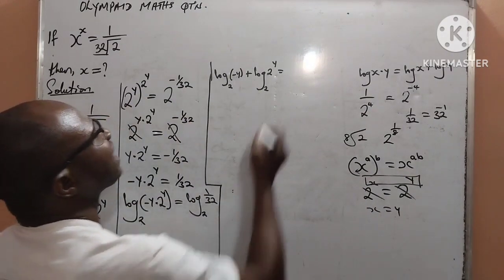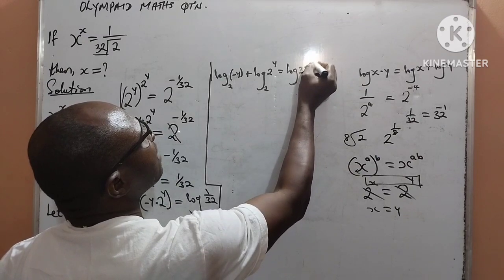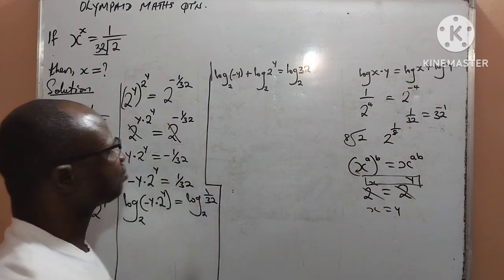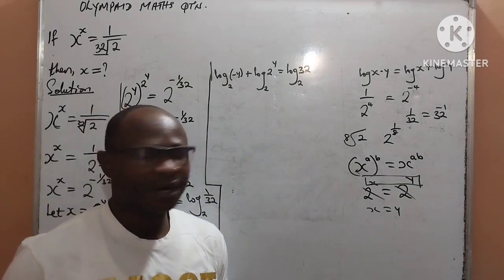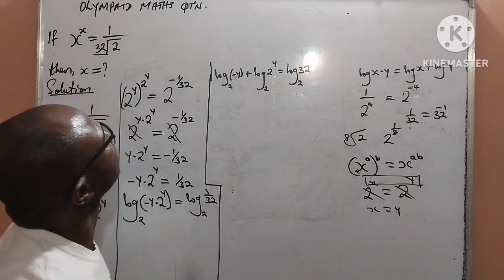So by the right I now have the logarithm of 32 raised to power minus 1 base 2.